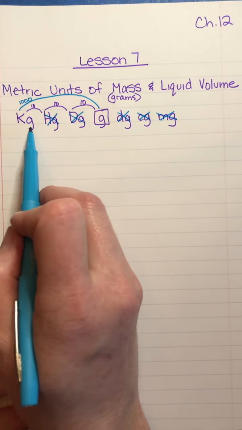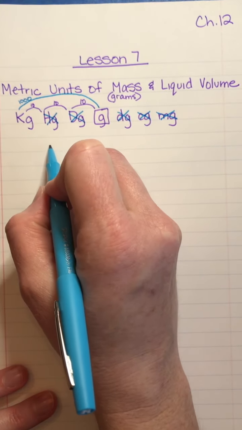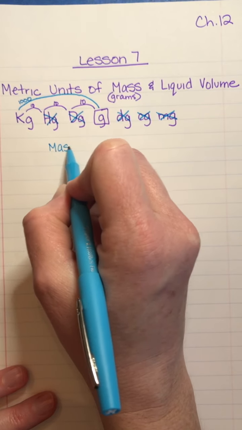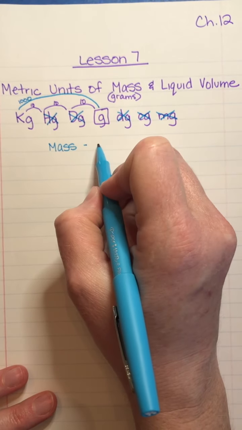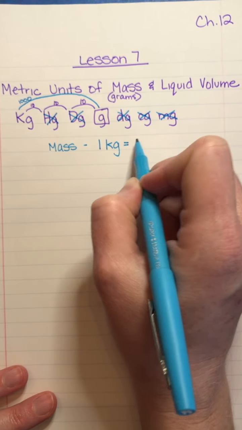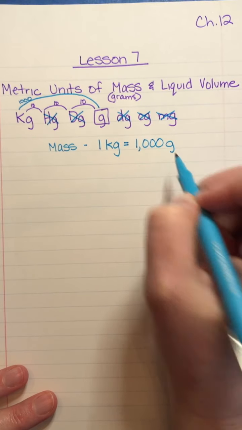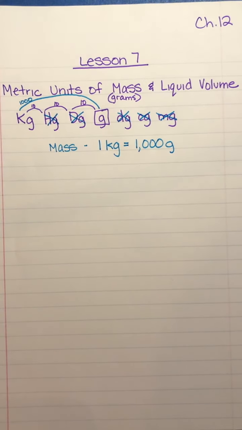We are only using kilogram and gram. I need you to know that 1 kilogram is equal to 1,000 grams. That's it. That's all I need you to know for mass.